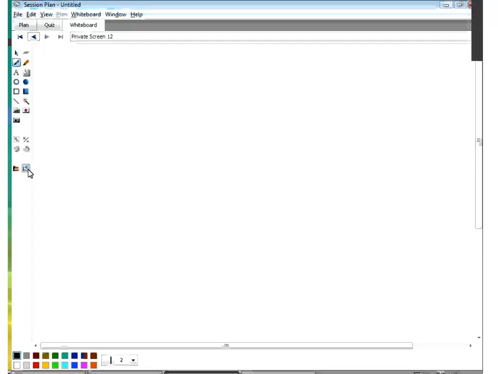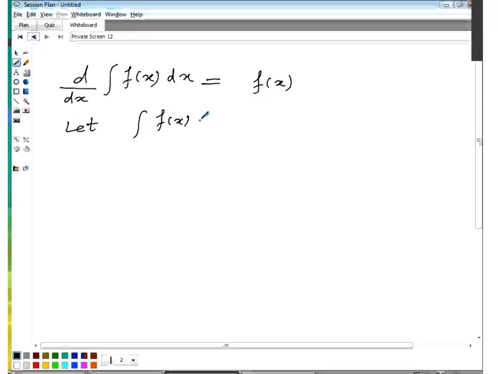We now have a theorem. Let's prove it. Let integral f(x) be some function. That function may have an arbitrary constant inside it, so don't bother about the arbitrary constant.